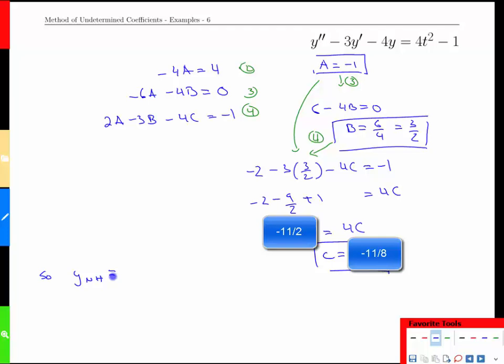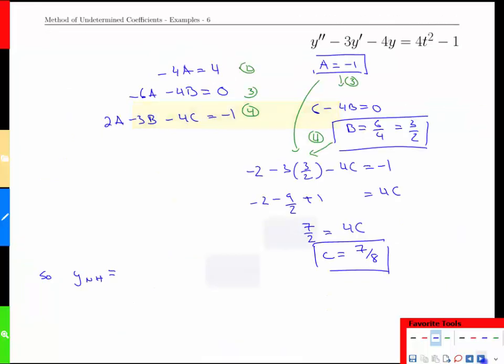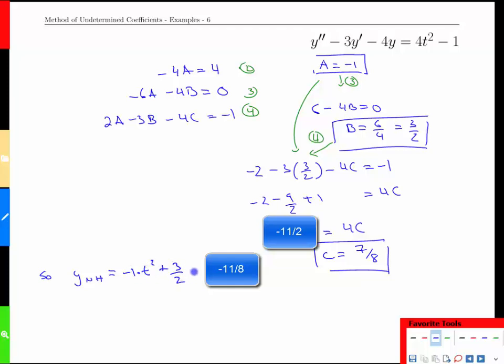Our non-homogeneous part of our solution would equal, remember, let's go back to our assumed form. a was the multiplier of t squared, then b went with t, and c was the constant. So the a, negative 1, goes with t squareds, the 3 halves goes with the t, and the 7/8 is the constant term.